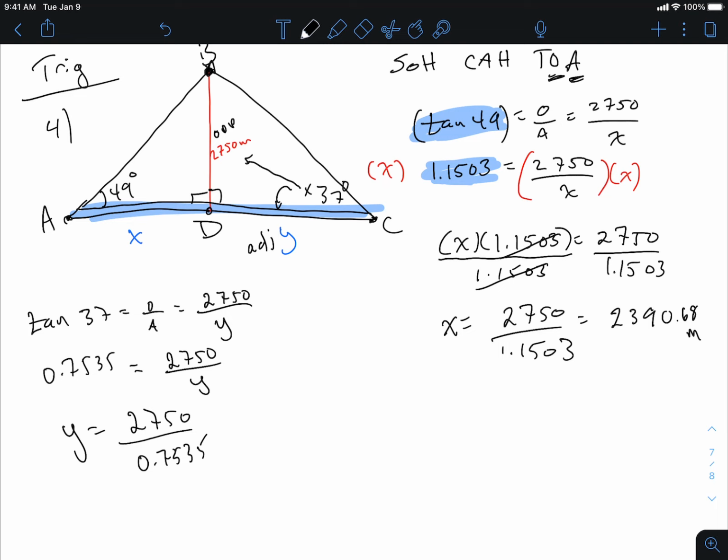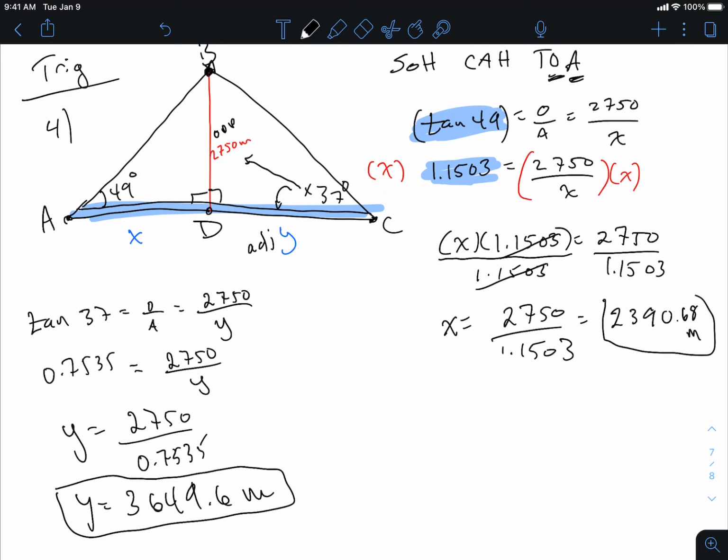So do we have that answer? 2,750 divided by 0.7535. Is that the total length of the tunnel? We have to add them together. So total length equals x plus y.